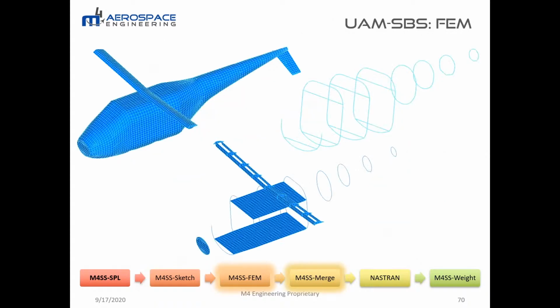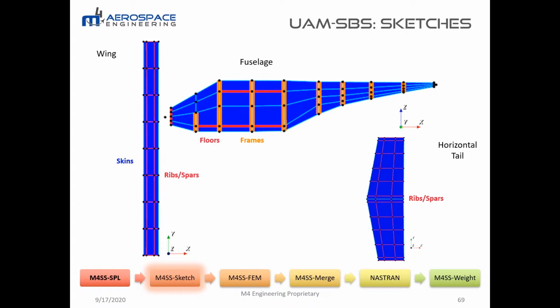I think the most interesting one here is the fuselage. Again, we've gone with skins for the OML, but we've got some more interesting internal structure. At the very front, the red line, we've got a bulkhead. Where we have these red horizontal lines, we're going to get internal floors.